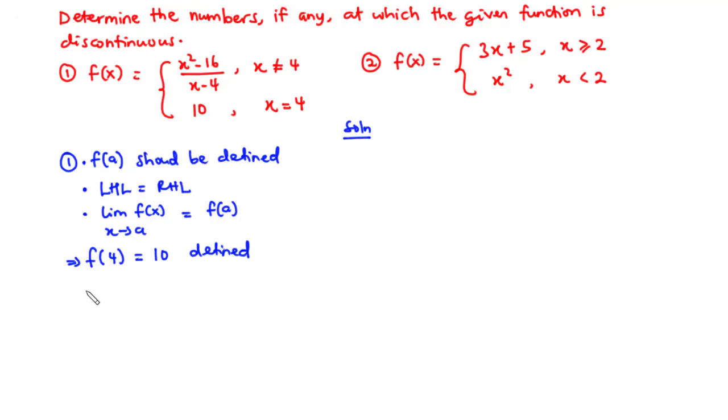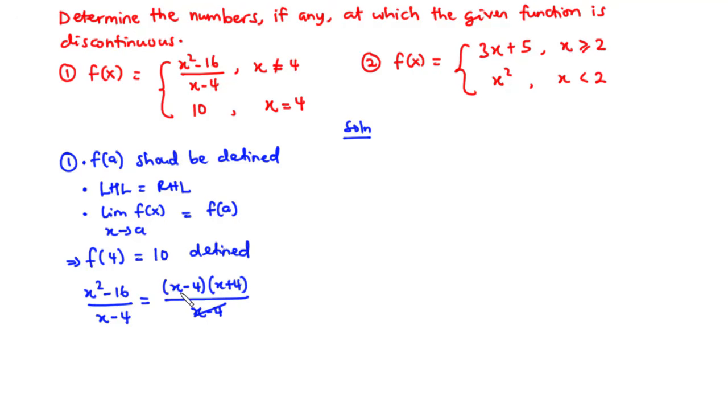So we have the function x squared minus 16 divided by x minus 4. Now we have the numerator to be a difference of 2 squares, so we can expand this as x minus 4 times x plus 4 divided by x minus 4.